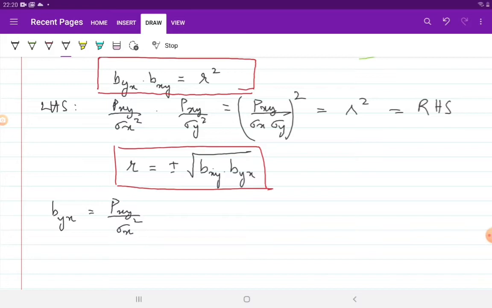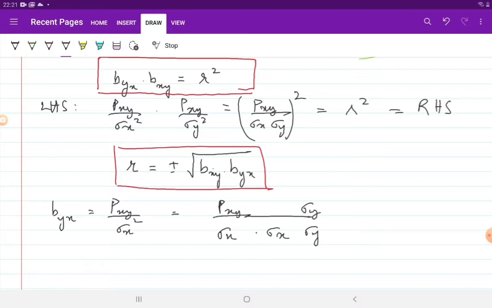Now, what I can do is I can write this as pxy divided by sigma x into sigma x, and I'm going to multiply sigma y on top, and so I will also multiply sigma y in the denominator.